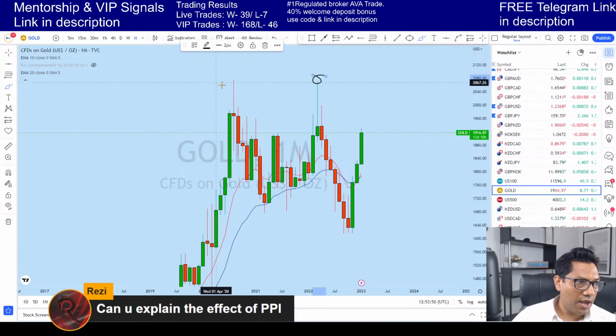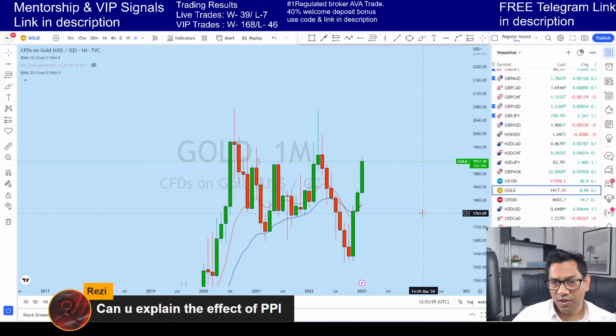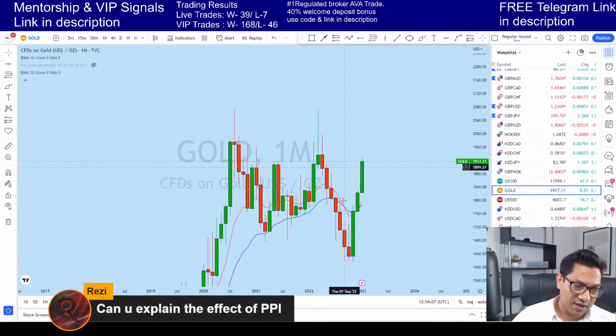That's what happens when a market nears this kind of zone: it has a spike, and that spike sometimes takes you to the top. So the gold market could give a big spike because it has big momentum.